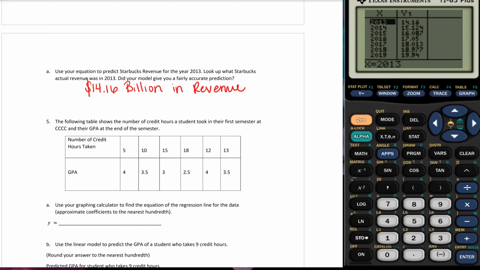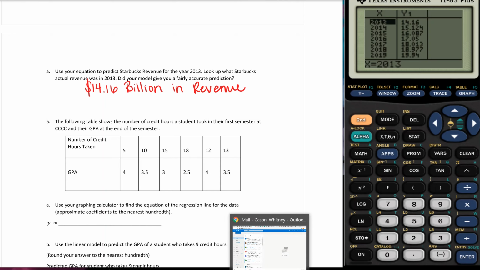Okay. Now, the model gave us 14.16, but it actually wants us to look it up. So it says, did your model give you a fairly accurate prediction? So what we're going to do is go into the good old Google machines, and we're going to look it up.